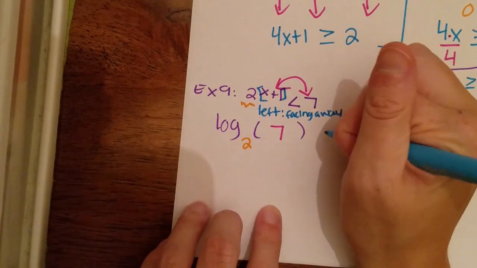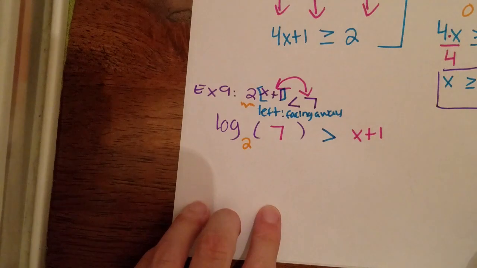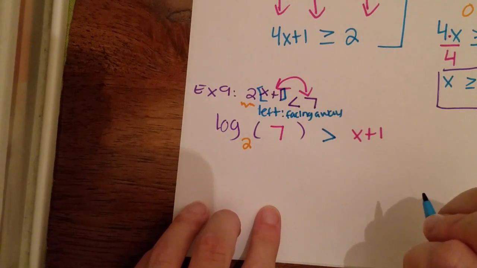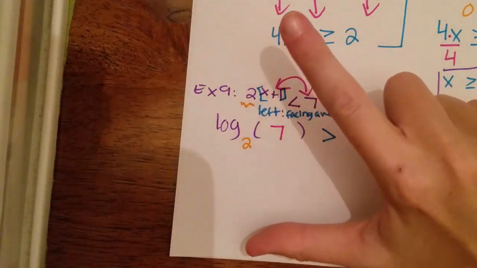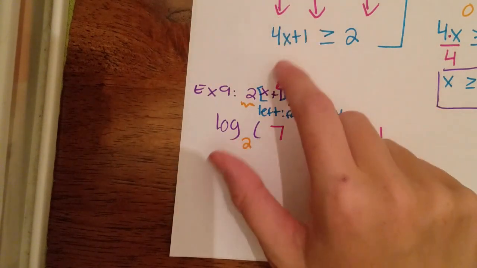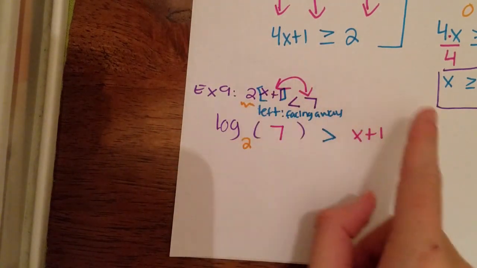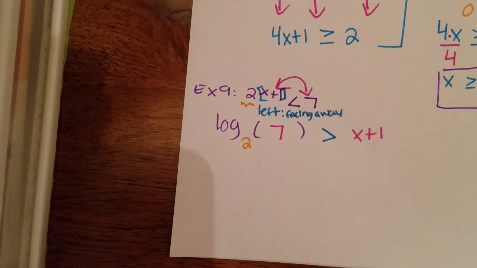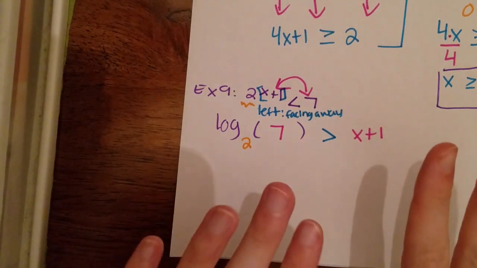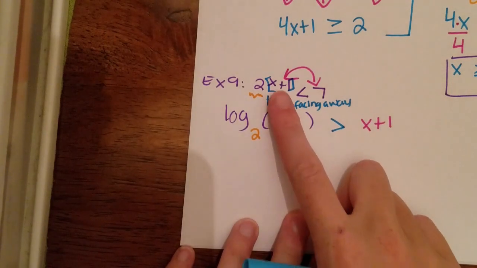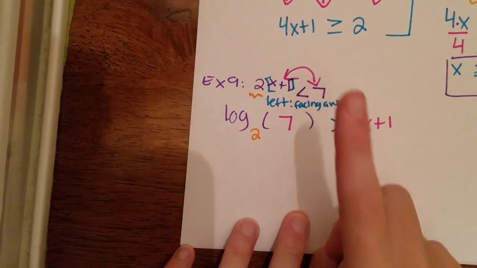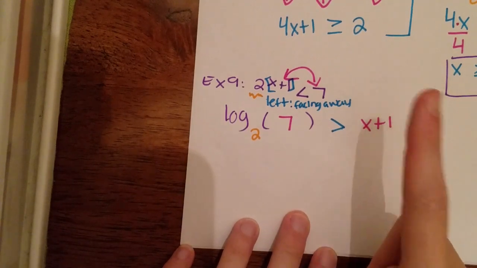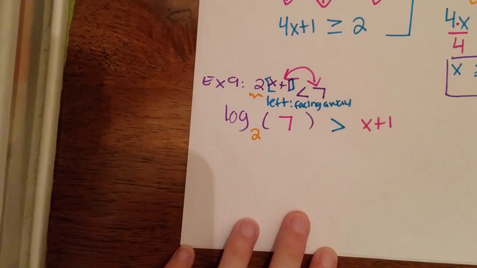I want it to be facing away though, so my inequality is going to flip. Do you guys see what happened? My inequality is still facing away from my x plus 1. It was facing away from my x plus 1 here, and it still is facing away. So you must keep that in mind. It's very important. If you ever trade sides of an inequality and there's a variable in the mix, that inequality must face the same direction as it faces the x, always.